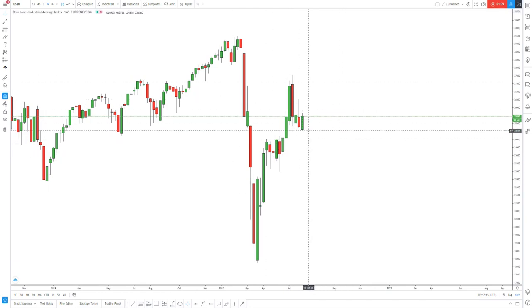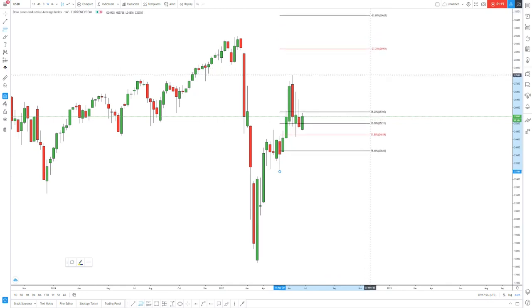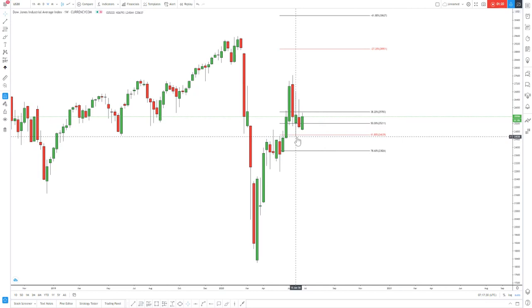Now, looking at this, I actually want to know where the correction ended. So I'll be putting my fibs on this, and we can see how well the correction ended at the 61.8 fib level. That's the fib percentage.